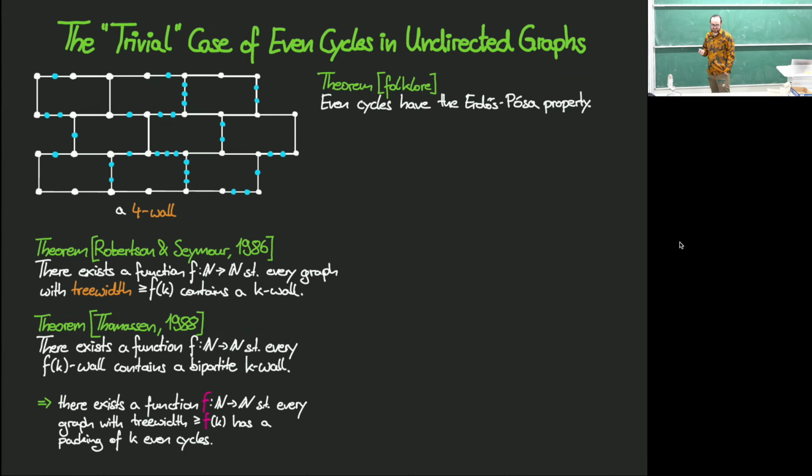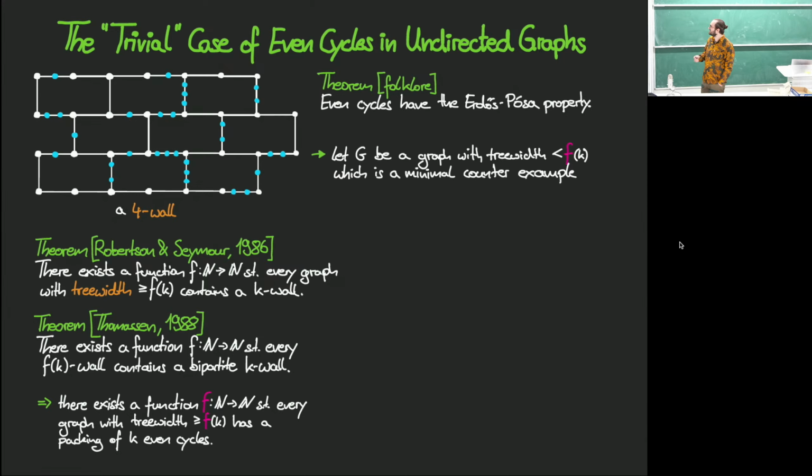So here's a sketch. There's one leap I will make, and the rest I hope is possible to follow. I know I only have to consider graphs of small tree width. So I say G is a graph of tree width less than f of k, which is a minimal counterexample.